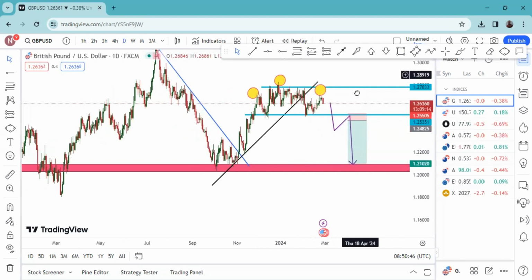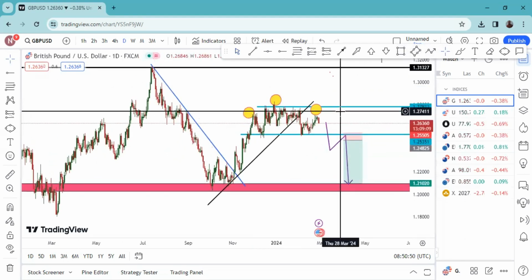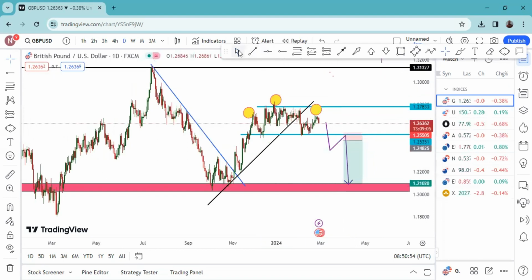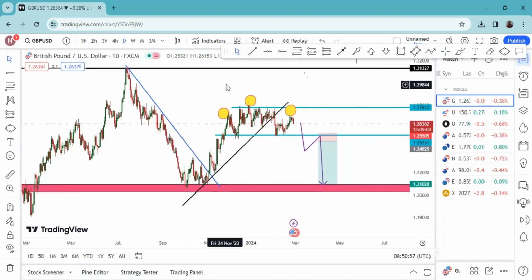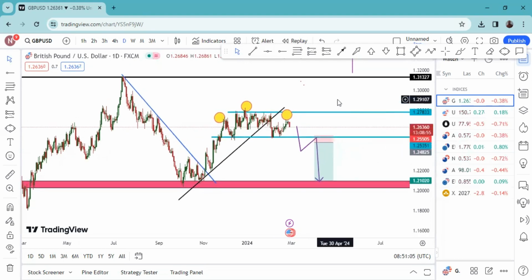What is this pattern? This pattern is head and shoulders. So I am waiting for the market to break this level, retest it, then I can take my trade to the downside.